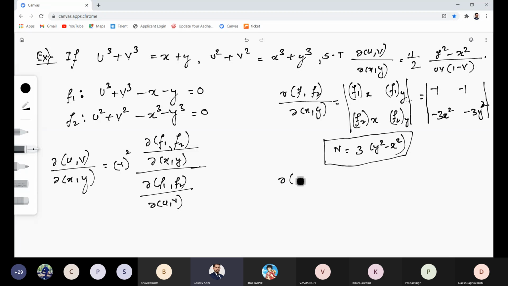So the second one, denominator: f1 f2 with respect to u v is equal to determinant f1 with respect to u, f1 with respect to v, f2 with respect to u, f2 with respect to v.